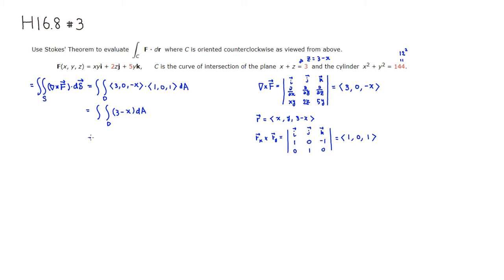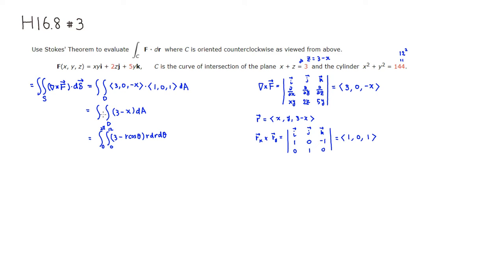I'm going to use polar coordinates. The double integral of 3 minus x, where x is r cosine theta, and dA is r dr d theta. The radius is 12, so r goes from 0 to 12, and the angle goes from 0 to 2 pi.